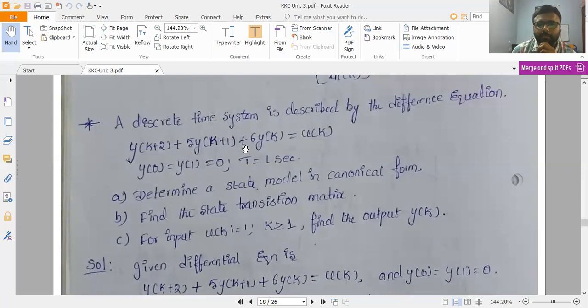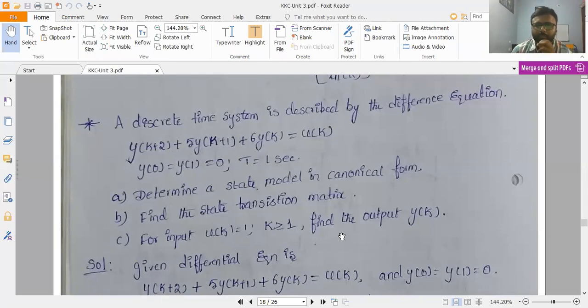A discrete time system is described by the difference equation y of k plus 2 plus 5 into y of k plus 1 plus 6 into y of k is equal to u of k, considering the initial conditions y of 0 and y of 1 equal to 0 and time T equal to 1 second. We need to determine the state model in the canonical form, find the state transition matrix, and for the input u of k equal to 1, find the output. Okay, so this is the statement of the problem.